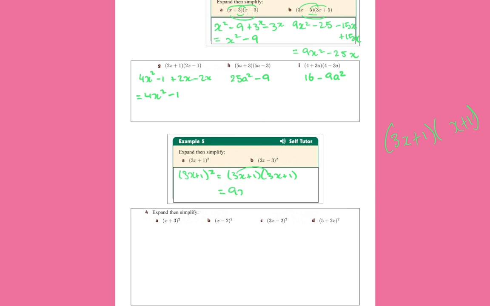That's 9x squared plus 1 plus 3x plus 3x. Excellent.